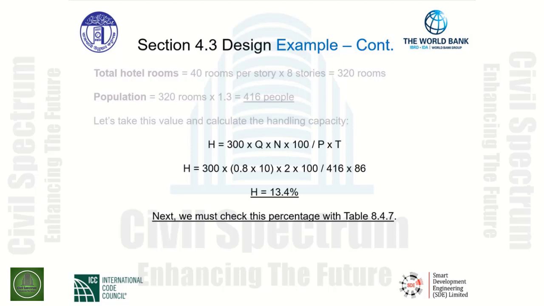We simply divide that by 416, which is our total population, times 86, resulting in our solution of 13.4%. Next, we must check this percentage with the allowable values in table 8.4.7.